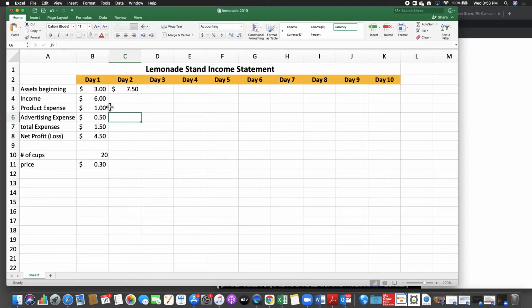Okay? So I'm going to select B4 and I'm going to fill that over. I'm going to click B7 and fill that over. B8 and I'm going to fill that over.